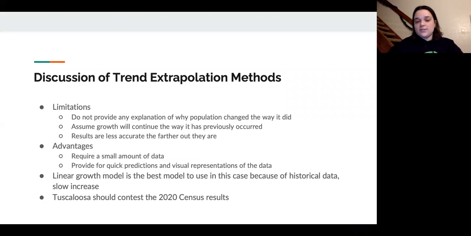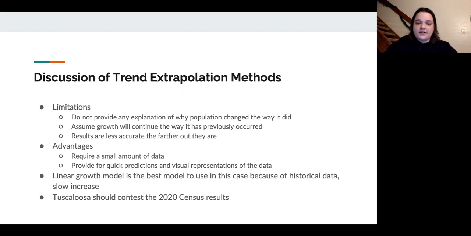So, a quick discussion of the trend extrapolation methods. While they do require a small amount of data and provide quick, readable results, these trend extrapolation methods assume that growth will continue the way it has in the past, which is almost never true. There's always variance in the data.